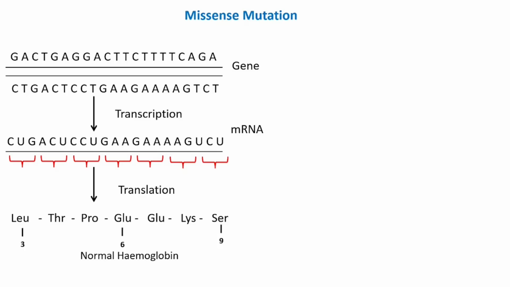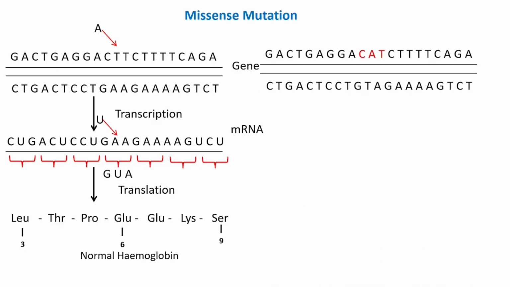A substitution mutation occurs such that T is substituted by A, as can be seen on your screen. This results in the mutation of the codon from GAA to GUA. Thus, in the mutated gene, T is substituted by A, which can be seen in red color on your screen.